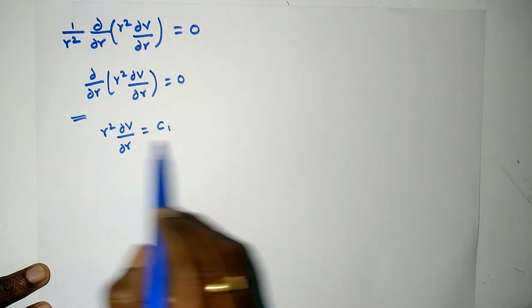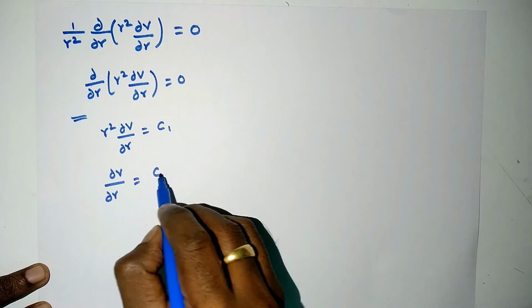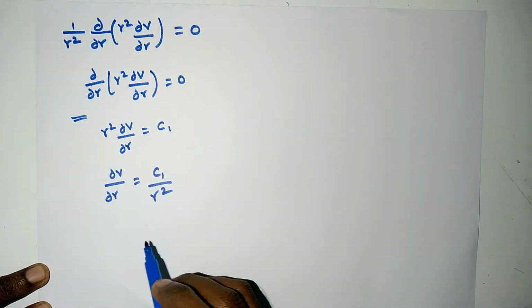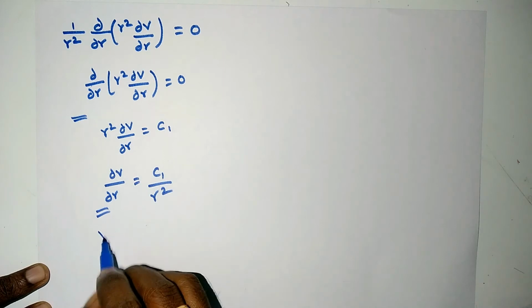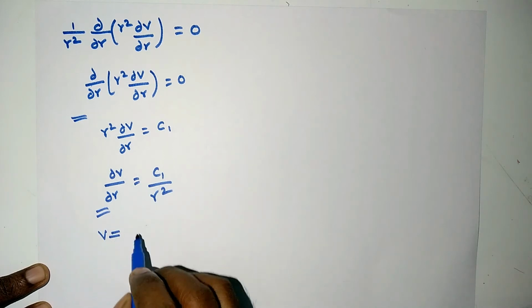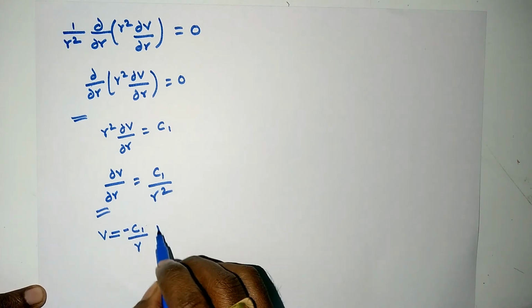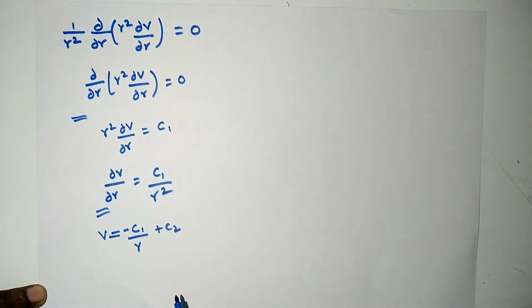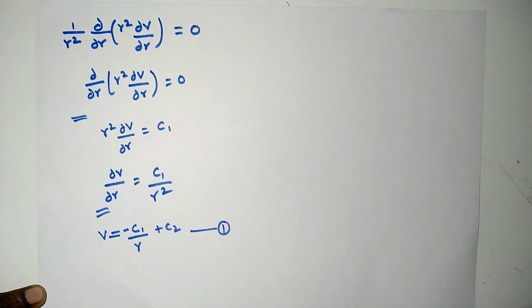Now taking this r square to the right hand side, we can write dou v by dou r is equal to C1 by r square. Once again integrating this step, we can write v is equal to minus C1 by r plus C2. Name it as equation number 1.